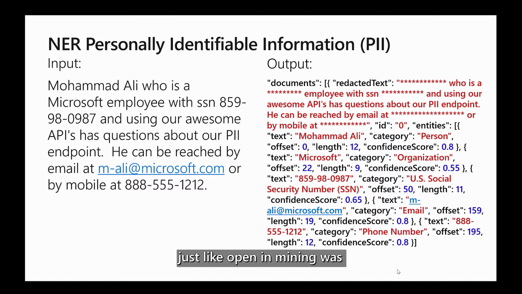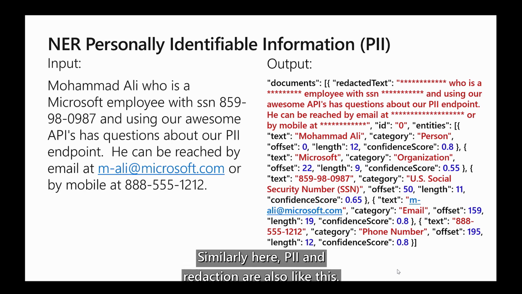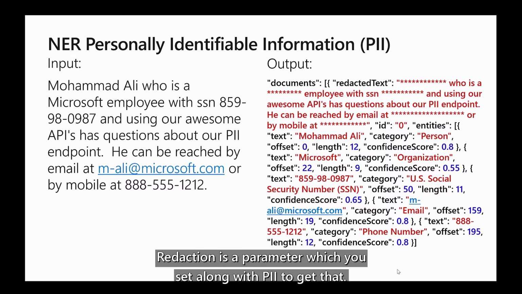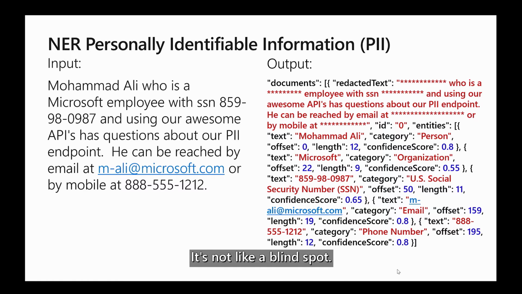Just like opinion mining was an extension of sentiment analysis, where you call the same API but pass an additional parameter, similarly here, PII and redaction are like that. Redaction is a parameter which you set along with PII. And as you can see here, we do give you the actual text that was redacted, so it's not a blind spot, but you can choose to send only the redacted text.